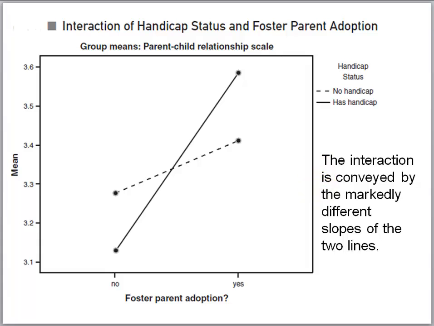And more generally, as I'm stating here, it's markedly different slopes of the two lines that convey the interaction here. And sometimes you're going to have more than two lines on your plot, and that will happen if there are more than two levels for one of your factors.